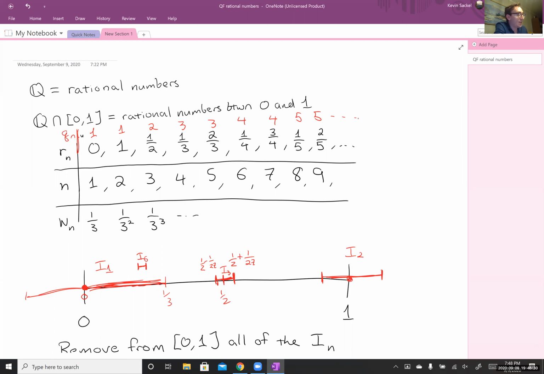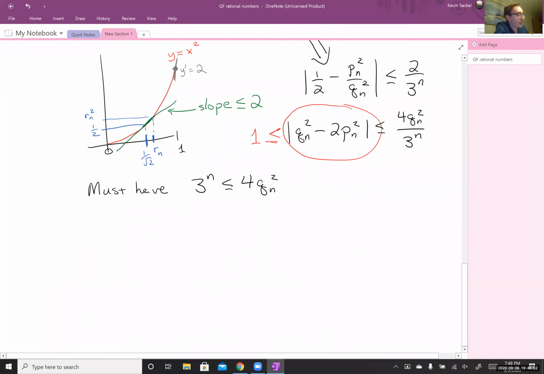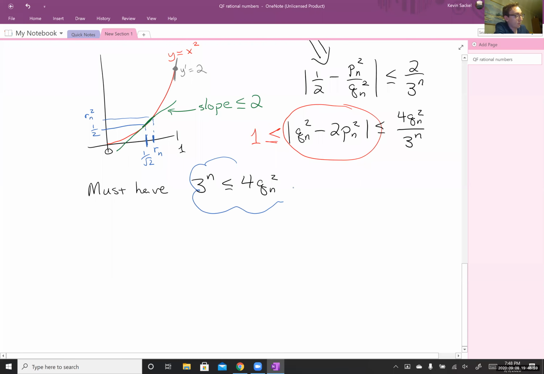Meanwhile, 3 to the n is growing massively. If I looked at 3 to the n, this is 3, 9, 27, 81, and so on. So unless n is equal to 1, this inequality doesn't hold. So this inequality only holds when n equals 1.